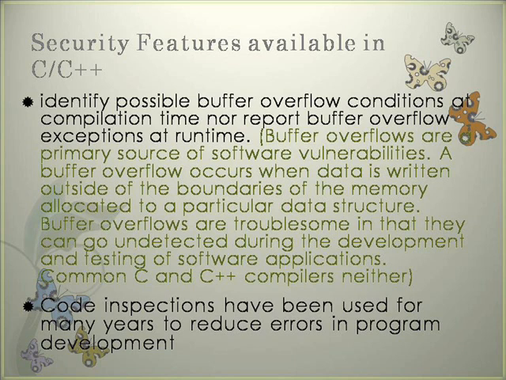Buffer overflow occurs when data is written outside the boundaries of the memory allocated to a particular data structure. Buffer overflows are troublesome in that they can go undetected during the development and testing of software applications. Common C and C++ compilers do neither.